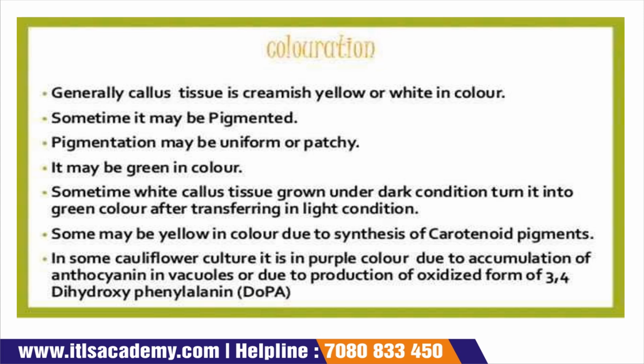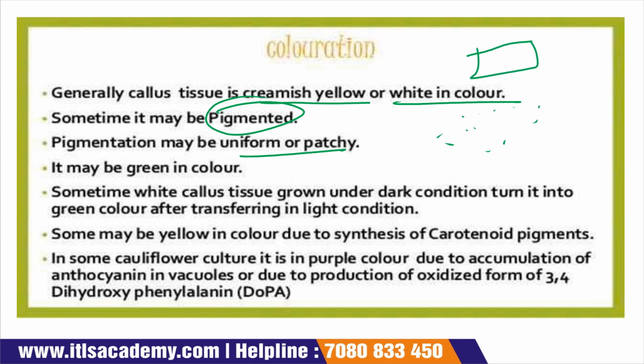Coloration. Generally, callus tissue is creamish yellow or white in color. Sometimes it may be pigmented, and the pigmentation may be uniform or patchy. Like this is patchy, and maybe they are uniform. And maybe they are green in color. Sometimes callus tissue grown under dark conditions will turn green after transfer into light.